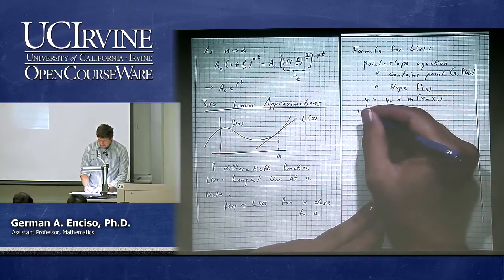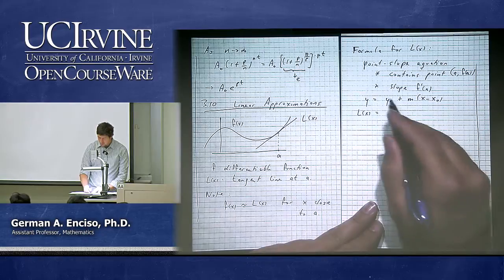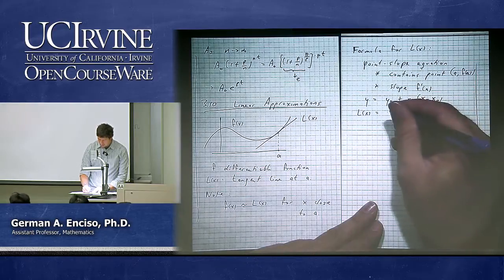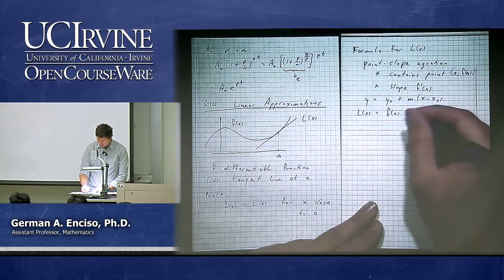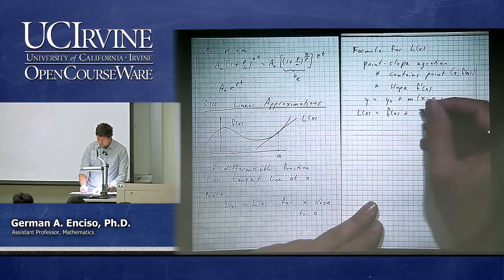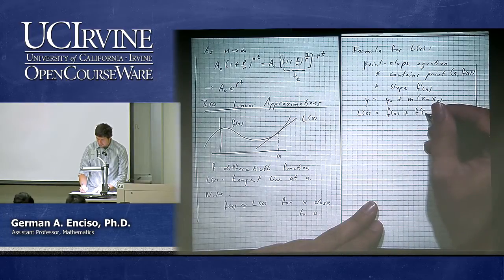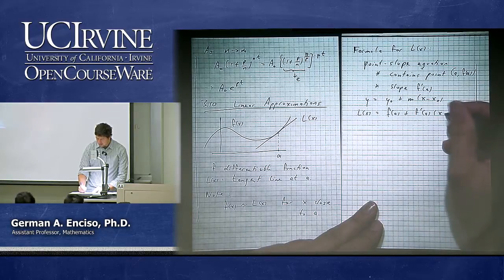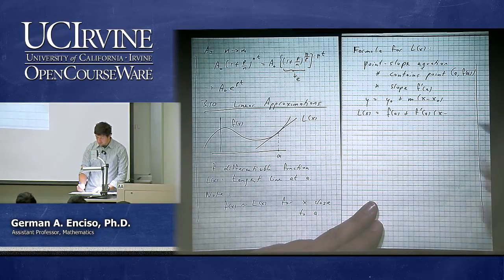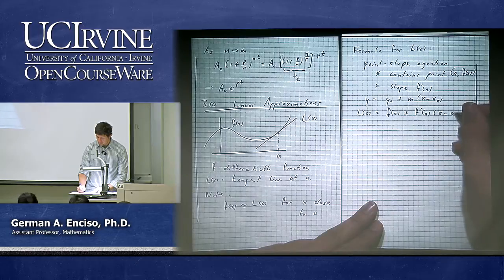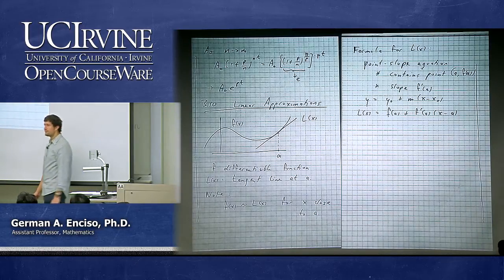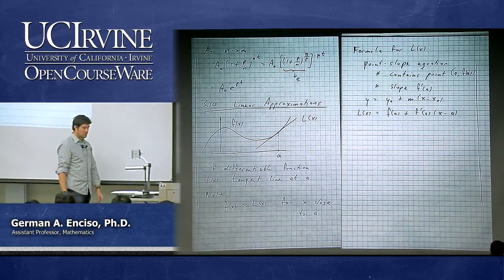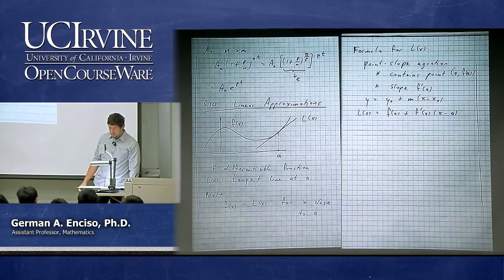So in this case, L of x is equal to y0, which is f of a, plus the slope, which is f prime of a, multiplied by x minus x0. And x0 is what? a. So there you go. We have a formula for L of x.